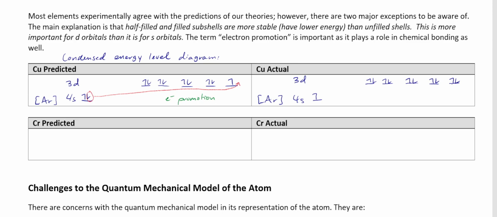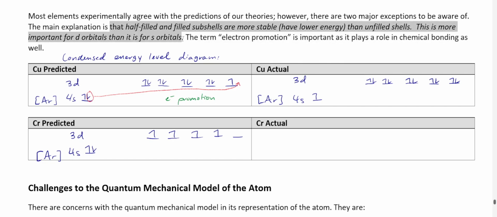We can see this with chromium as well. Chromium has an inner set of electrons that's isoelectronic with argon, and then it has 4s, 2 electrons here, 3d, but in the 3d shell, instead of being paired, we have these single electrons in an upspin position. Again, we go back to this rule, which is half-filled and filled subshells are more stable than unfilled shells.